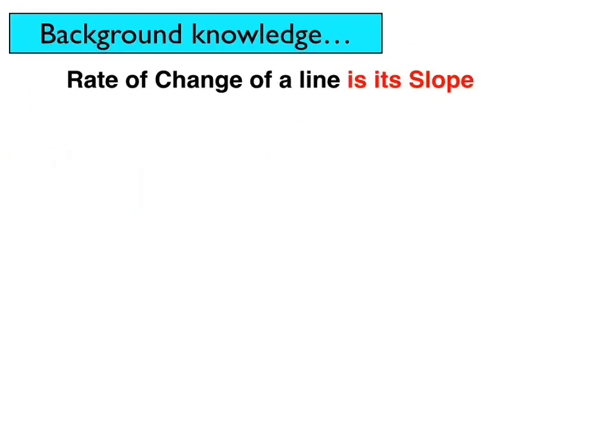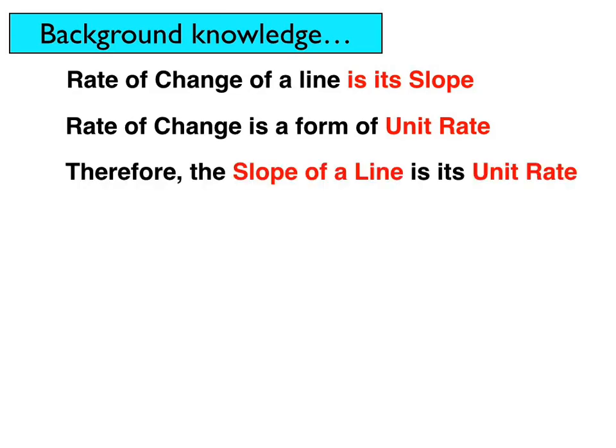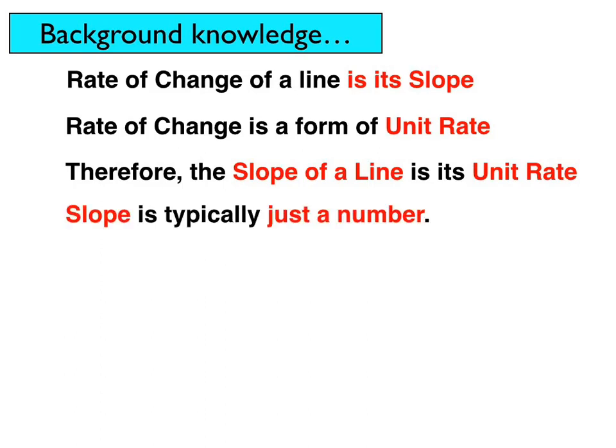Okay. Continuing on here, and I think at this point you've got some things you need to fill in. Rate of change of a line is its slope. We talked about that yesterday. Rate of change is a form of unit rate. I hinted at that in the warm-up today. Therefore, the slope of a line is its unit rate. Slope is typically just a number.